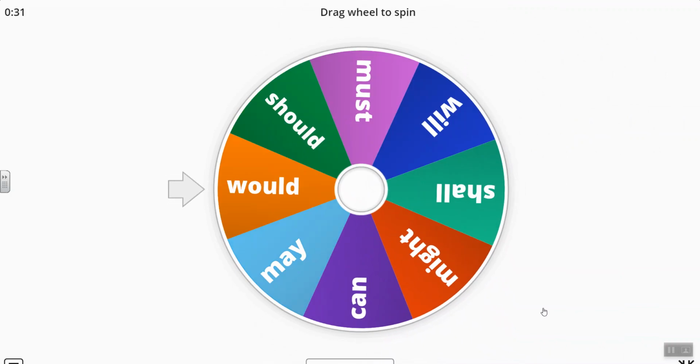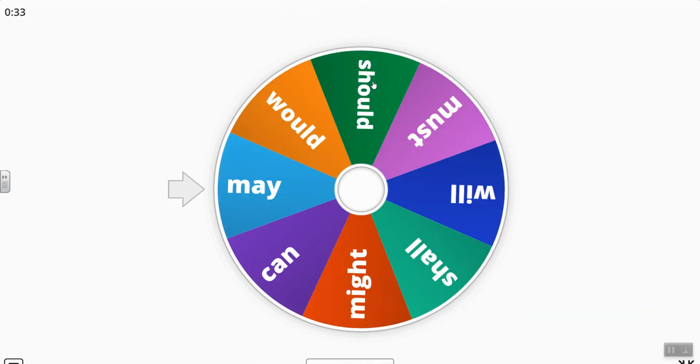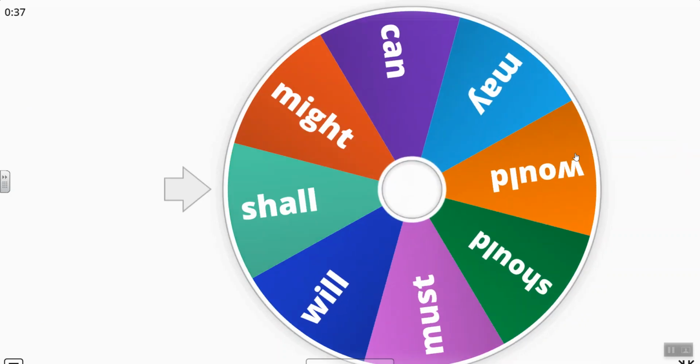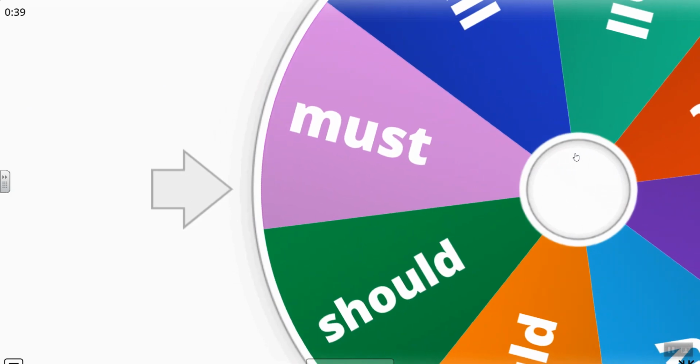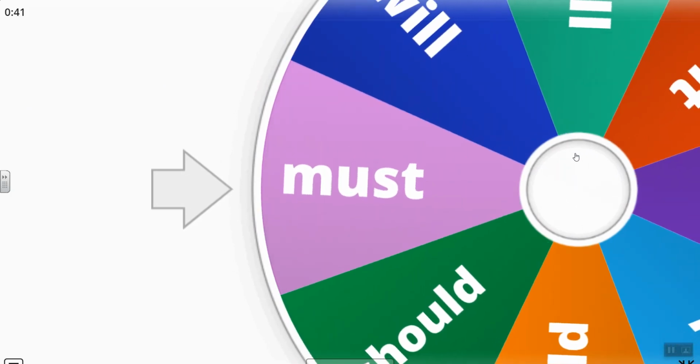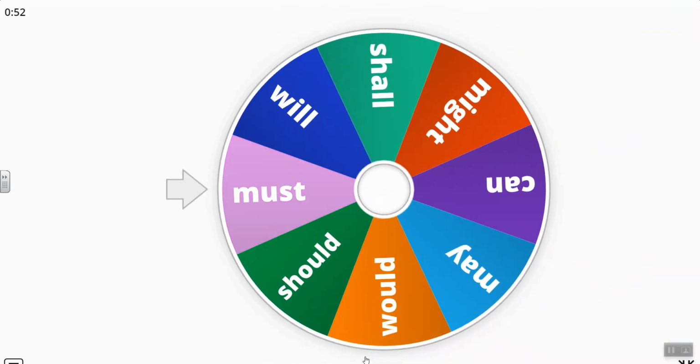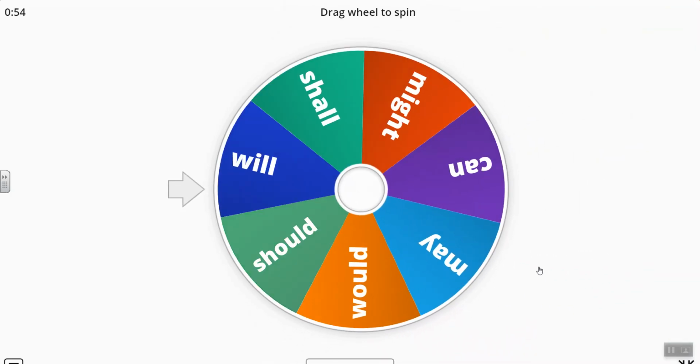Okay, ready for your second sentence? Your next sentence must include the modal verb must. Pause the video and have a go. So that's two sentences. We have two more sentences.